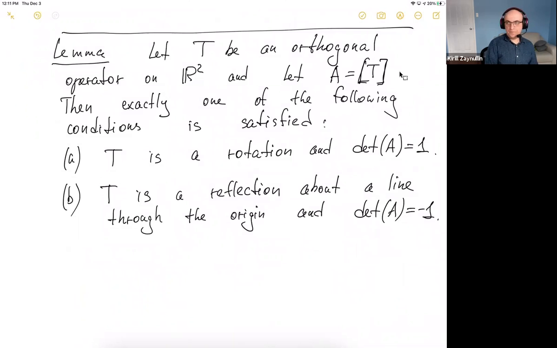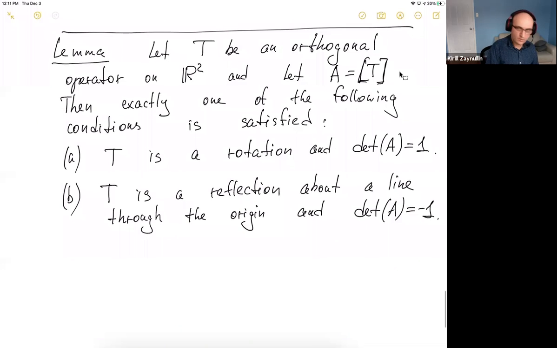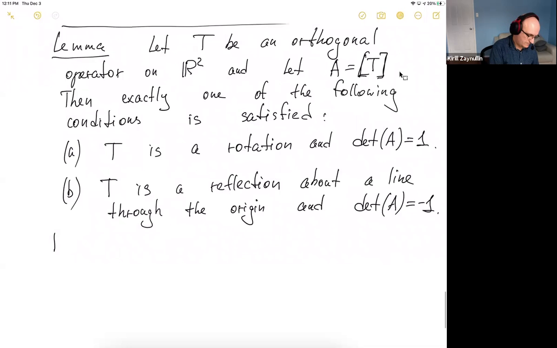Okay, so basically this fact just tells us how to describe all orthogonal operators on a plane, right? So it's either of type A or type B, or no other way. So well, let's prove this.